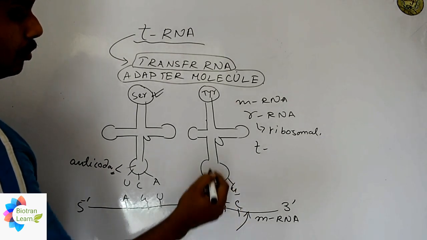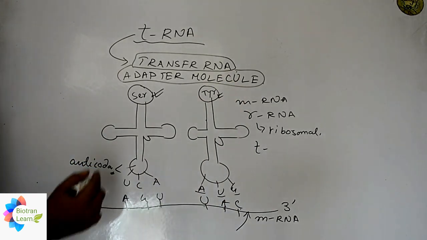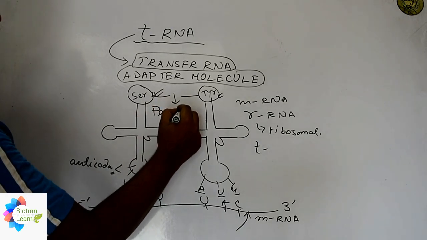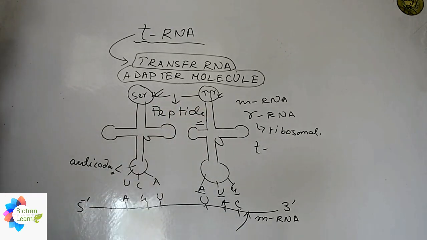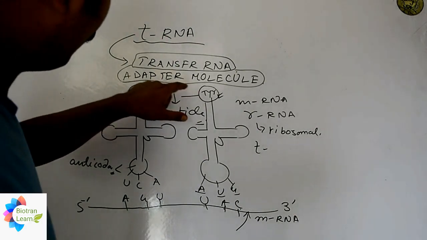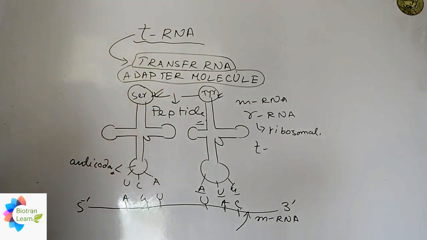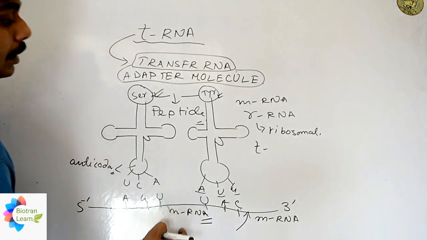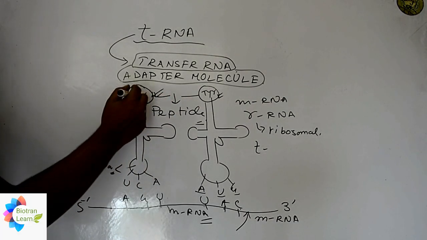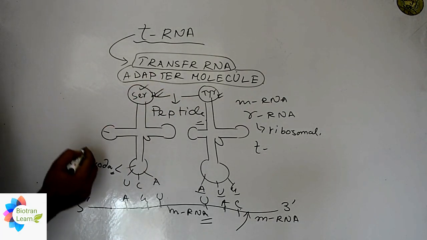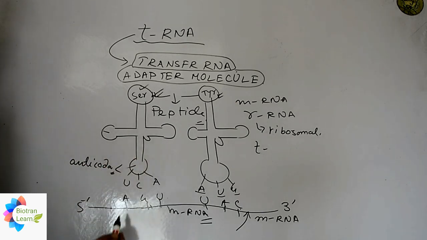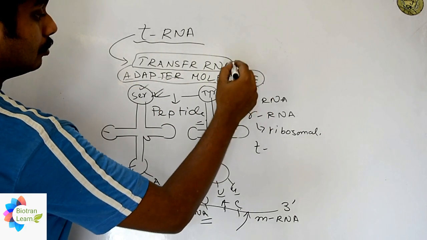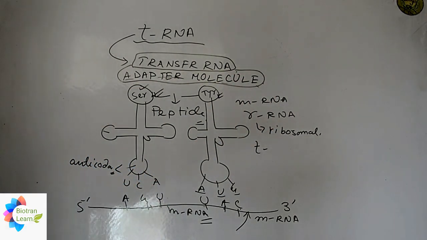AUG. So AUG will bring tyrosine in this section, and all of these will undergo the peptide formation reaction, right? So they will start to form protein. In the translation, we will get this mRNA being translated into protein structure. So the amino acid along with the tRNA and mRNA is known as the adapter molecule, right? Okay, so let's move on.